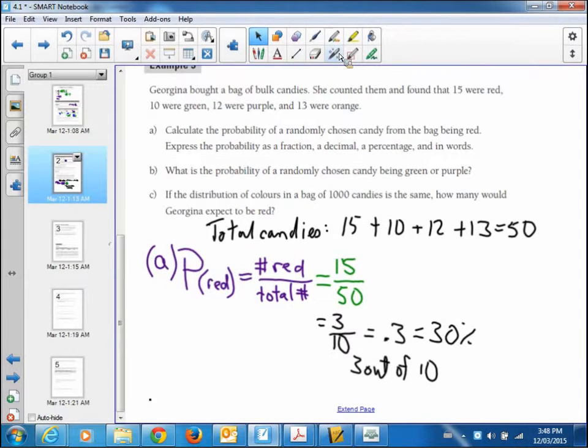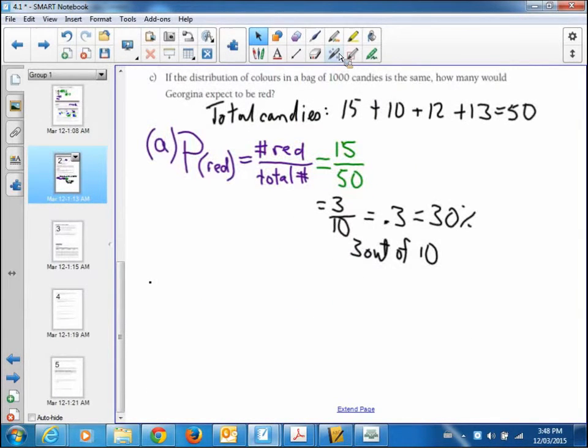Now, what's the probability of a candy being green or purple? Part B. Probability of green or purple.